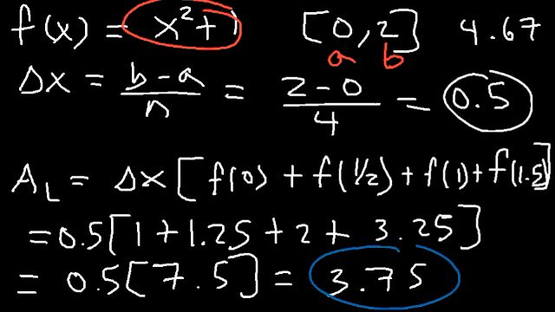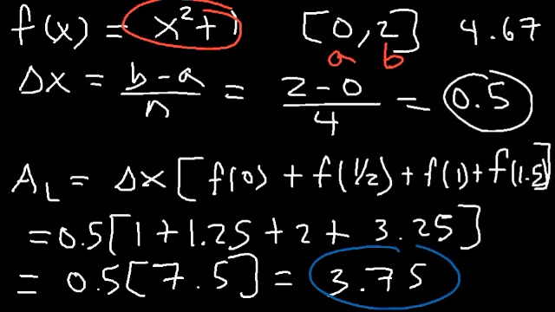That means that it's an under approximation. The left endpoint is usually an under approximation whenever the function is increasing. And for an increasing function, the right endpoint is usually an over approximation. Using the midpoint rule, the answer is usually more accurate than the left endpoint or the right endpoint.